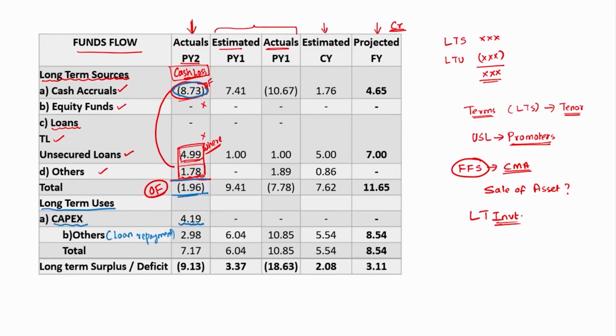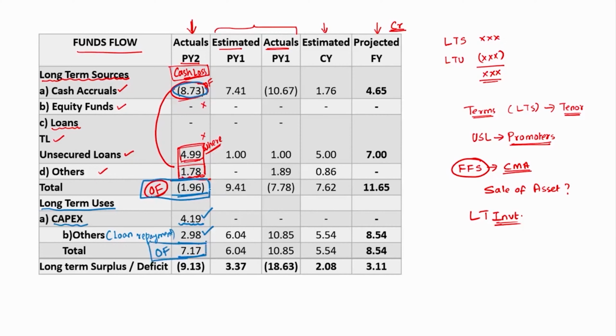So they don't have any money, but here they are investing 4.19 crore in capital items, 2.98 crore in loan repayments, or say investments in associates or something, whatever. So the total outflow is 7.17 crore. So already we concluded that this is also an outflow and this is also an outflow.